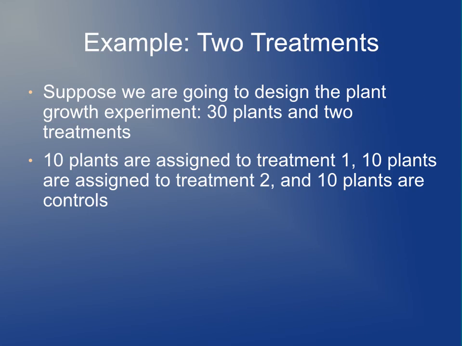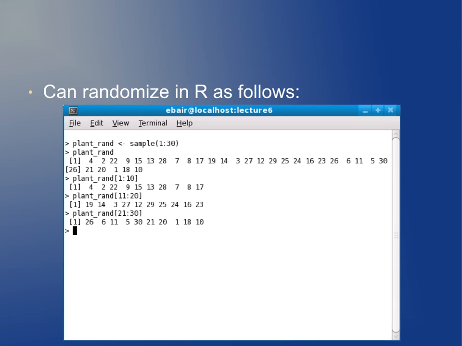Now let's take the plant growth example that I described earlier. Let's say that I have 30 plants and 2 different treatments, and 10 plants are going to be assigned to treatment 1, 10 plants are assigned to treatment 2, and the final 10 plants are controls. Well, I can do that in R like this.